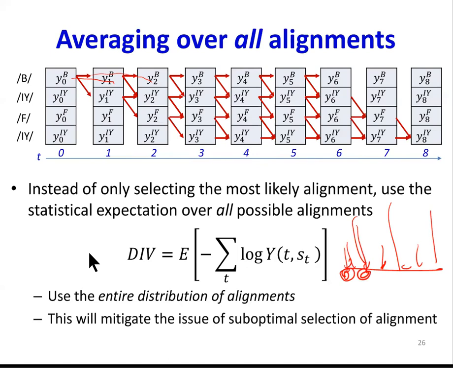That's going to be the expected divergence over all alignments, correct? And for any given alignment, the divergence is simply the negative of the sum over all time of the log probability of all of the symbols in that alignment, right? Everybody with me here? Any questions, guys?